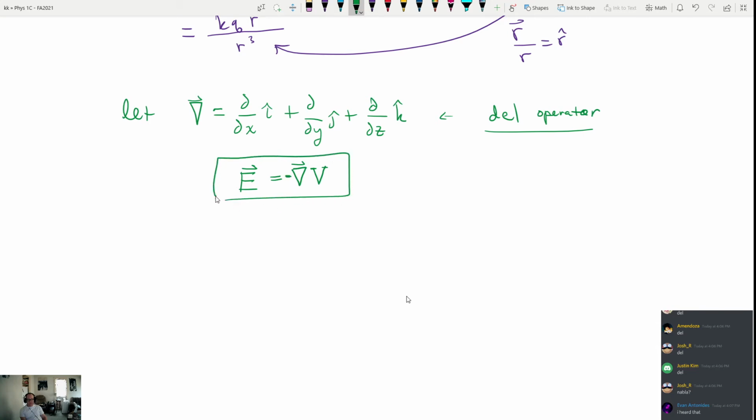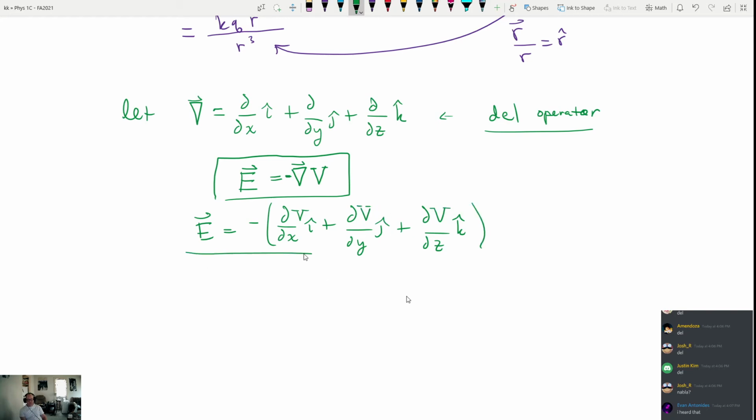And that allows us to say that my electric field is negative of del V del x i hat plus del V del y j hat plus del V del z k hat. And that is the more general version. Or put in a very simple way, it's equal to the gradient of V. We call this grad V sometimes.